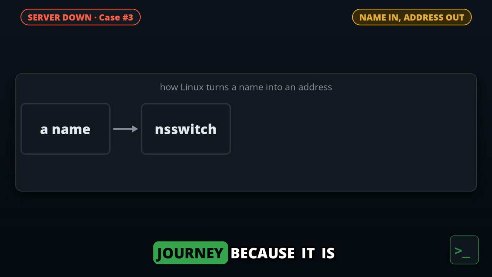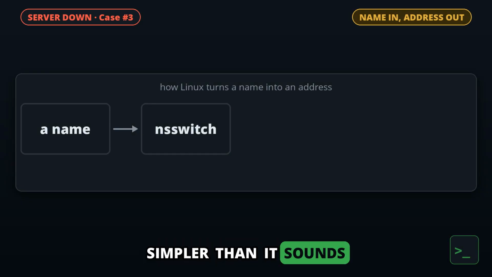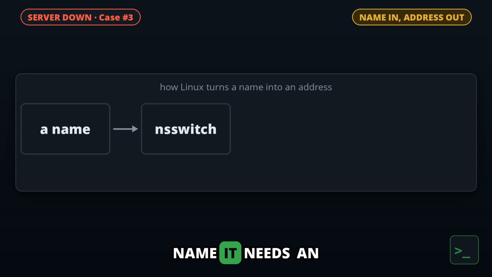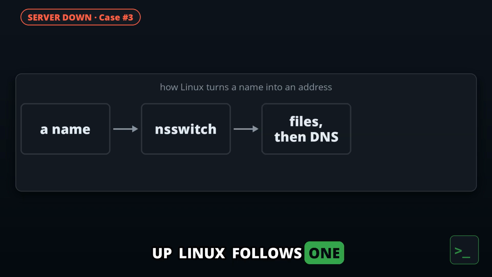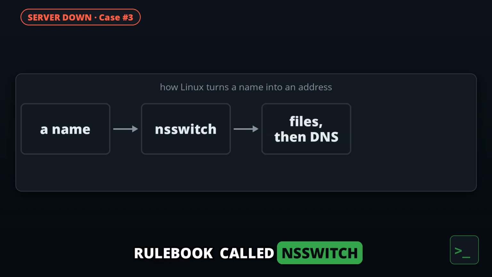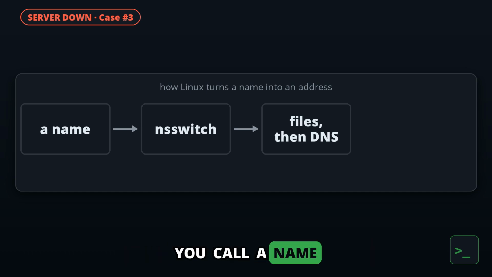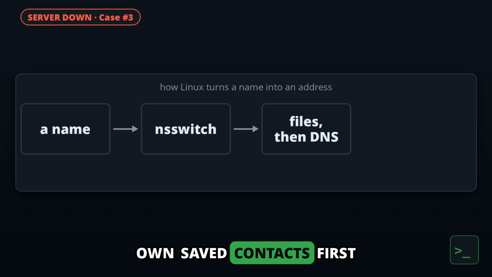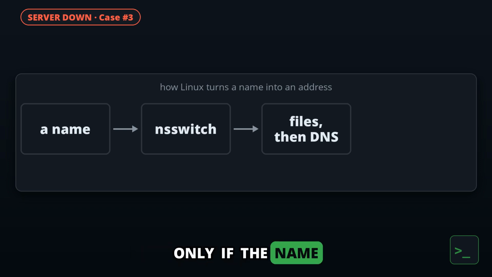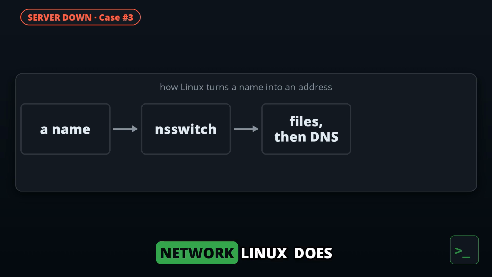Let's picture the whole journey because it is simpler than it sounds. Your app has a name, it needs an address, so it asks Linux to look it up. Linux follows one rulebook called NS-switch, and the easiest way to picture it is your phone's contacts. When you call a name, your phone checks its own saved contacts first. Only if the name is not there does it ask the wider network.